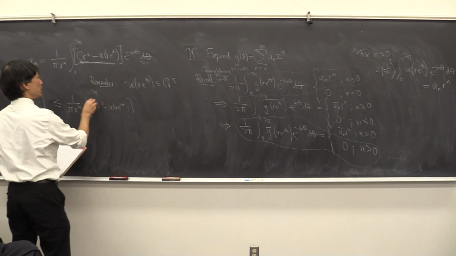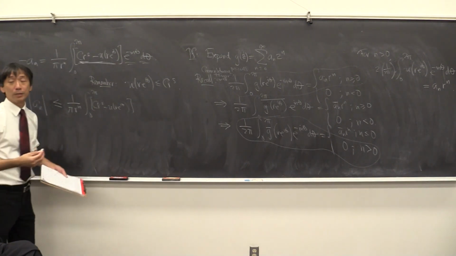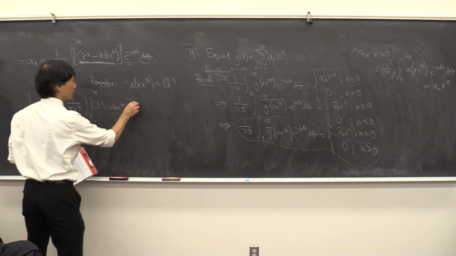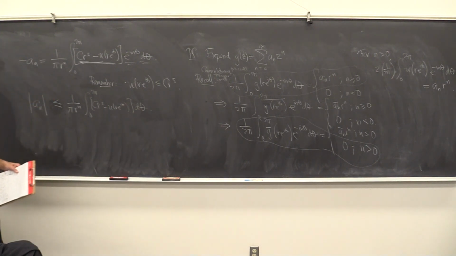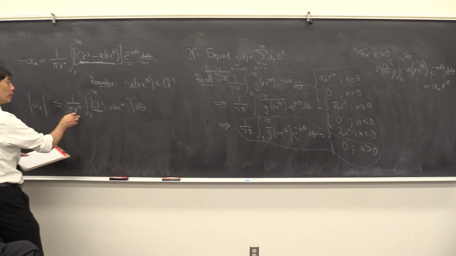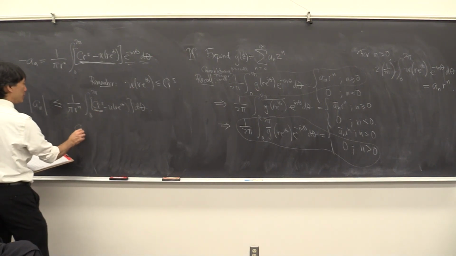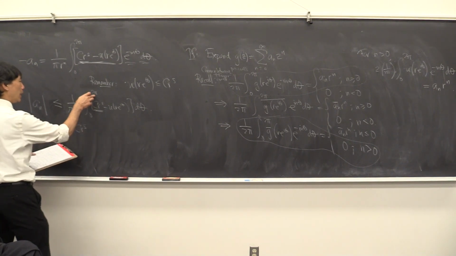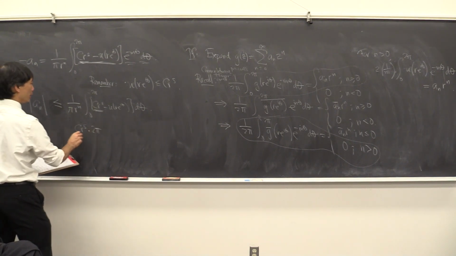This thing has size 1, and so we get this. The C R^s of course doesn't depend on theta, so we end up with C R^s times 2 pi over pi R^n.